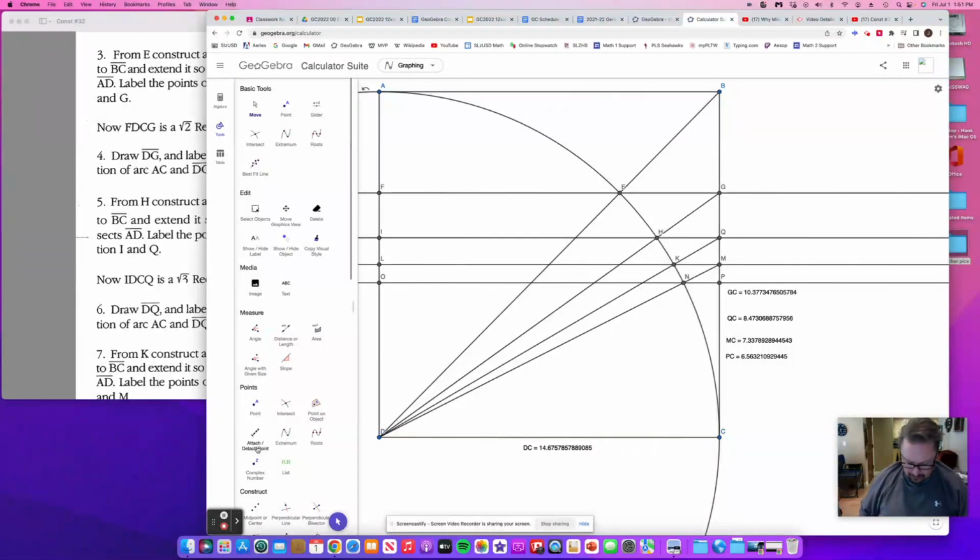And then root 3, which is square root of 3. This is 1.732.